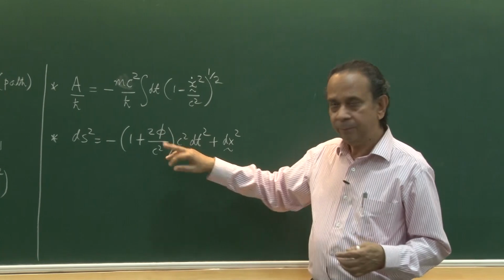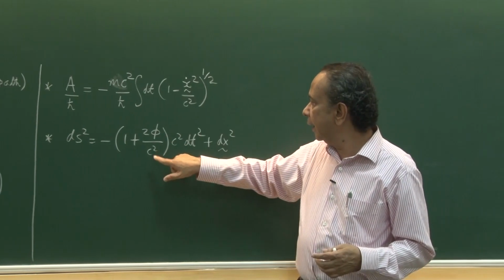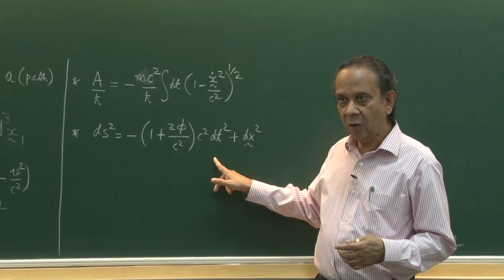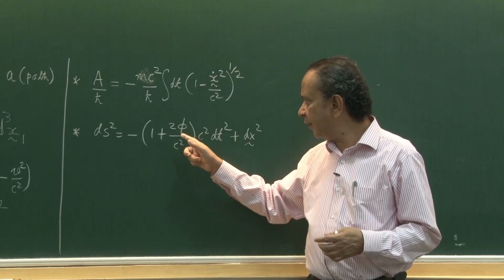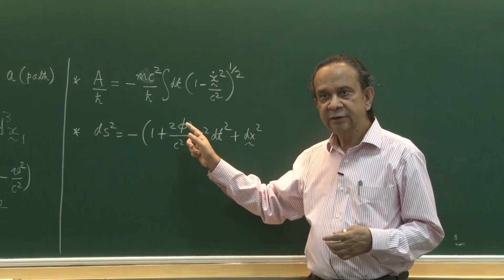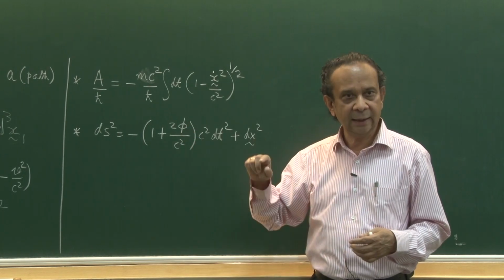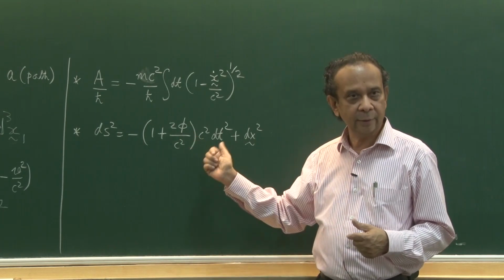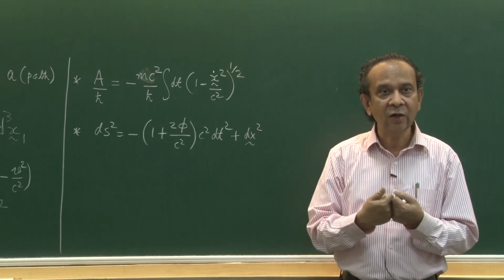The particle is not moving, so dx is 0. It tells you that the time shown by the clock gets modified by a factor with phi equal to minus GM by r, giving minus 2GM by r c square, which means that it is slower compared to a clock at infinity, or compared to a clock which is not experiencing a gravitational field.